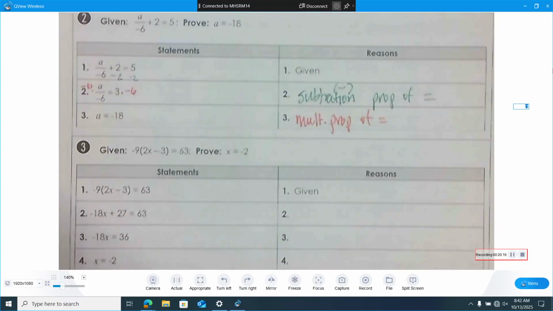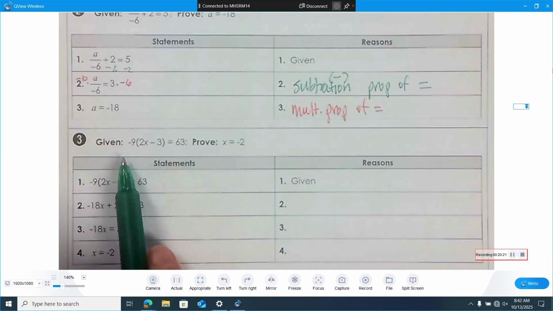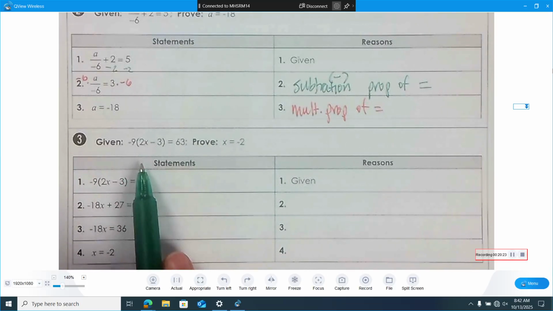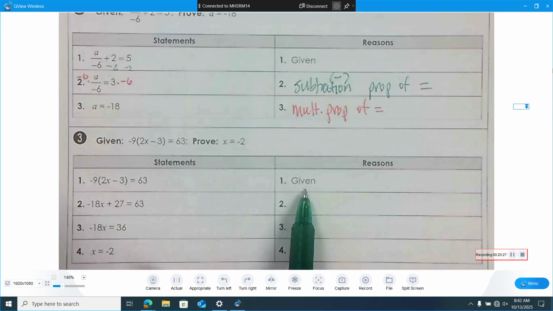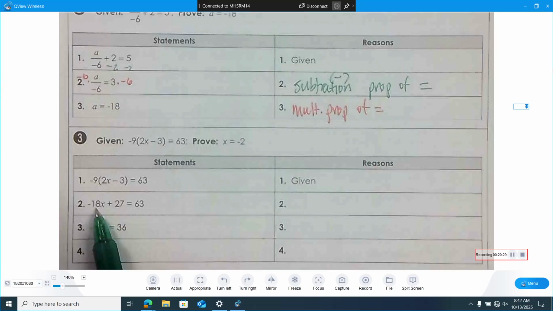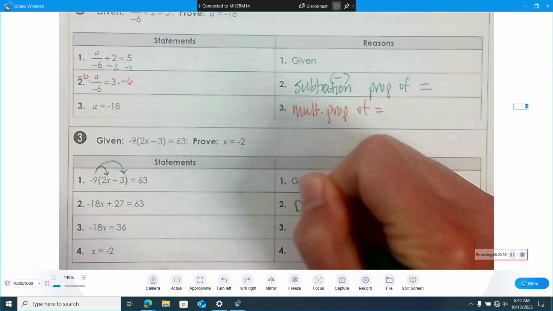So let's go on to number 3. We have a fairly complicated equation to get going here. We want to prove that x equals 2, so the given is first. And how did they get to the negative 18x? Distributive property, absolutely. That is the distributive property.